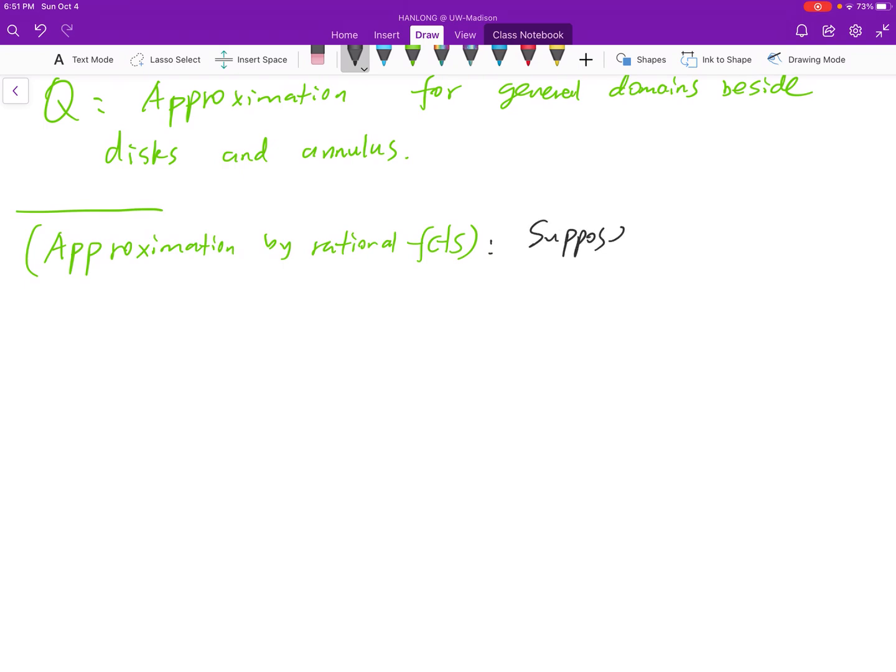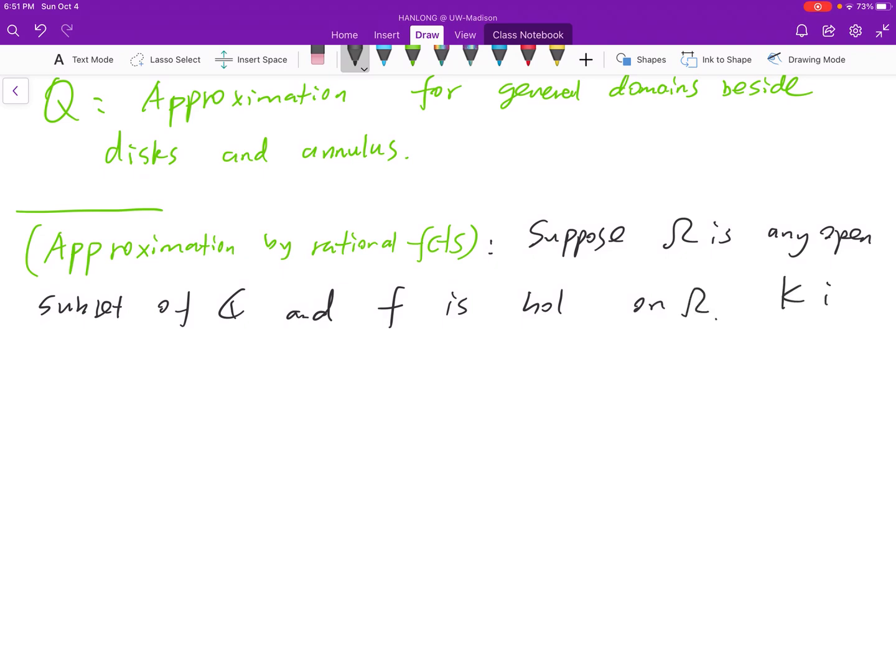Suppose omega is any open subset of C and f is a holomorphic function on omega. K is a compact subset of omega.